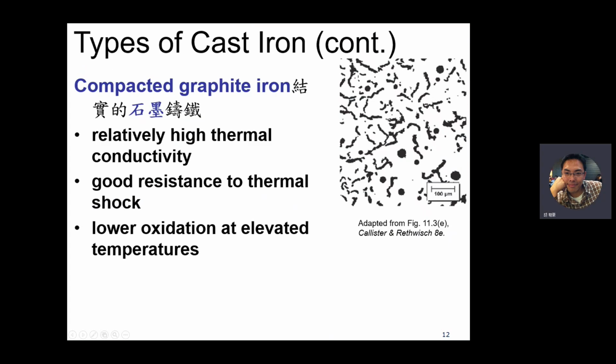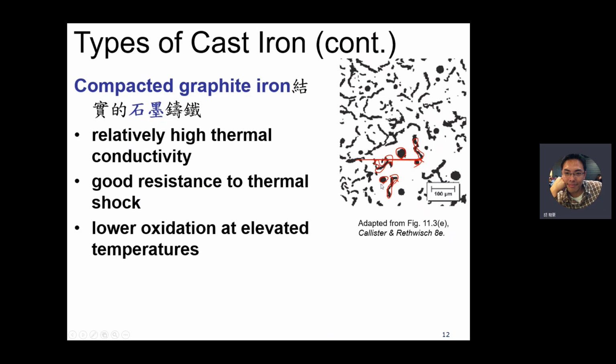And the compact graphite iron has high thermal conductivity and good resistance to thermal shock. However, it has low oxidation resistance at elevated temperatures. So when you see this compact graphite inside your matrix, such as this, it's graphite, and this is graphite.